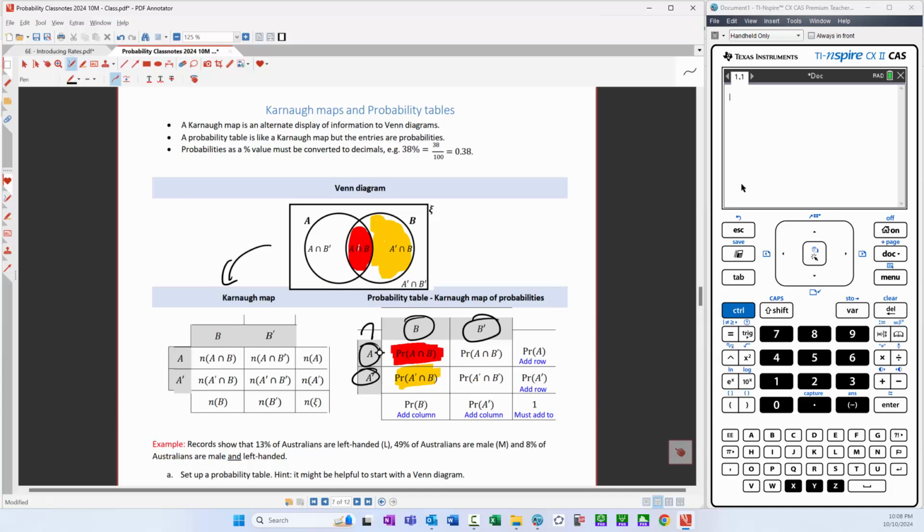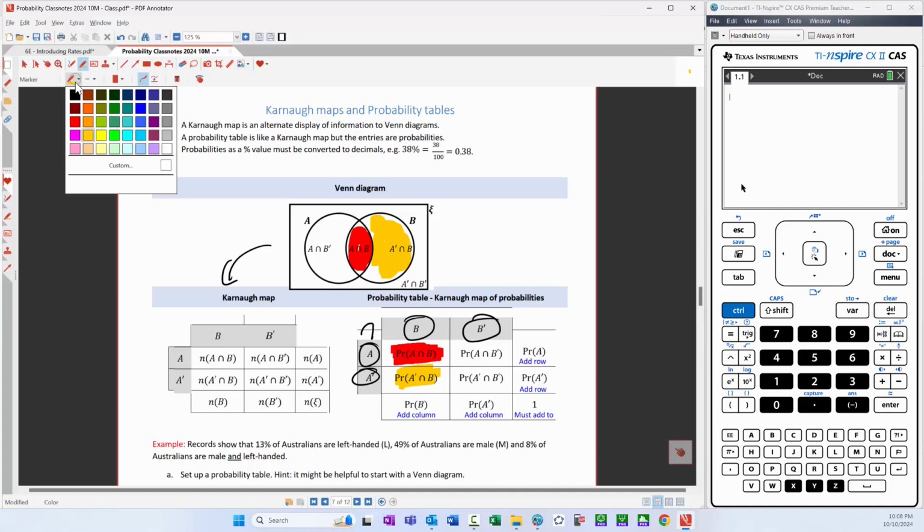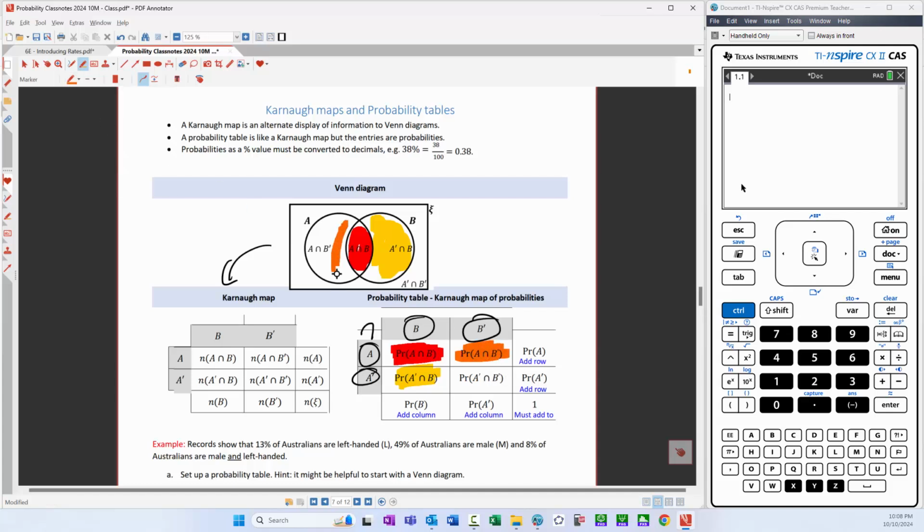Okay, and A only is A and not B. That's represented by that. So we'll do that in orange. That's going to be this part here. And the final thing that's represented on a probability table is going to be this outside part here. So I'll choose my final color, fluoro green.